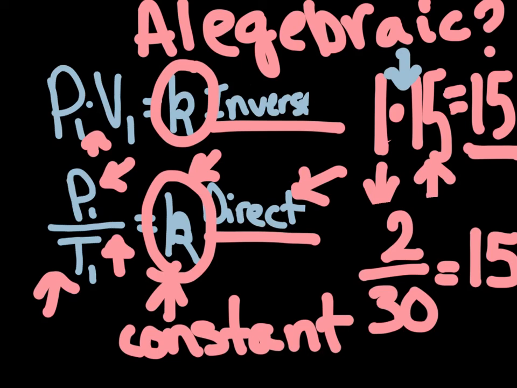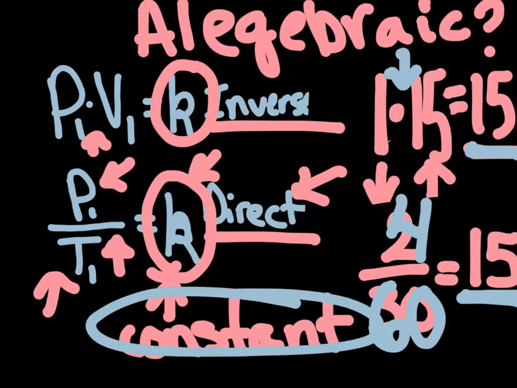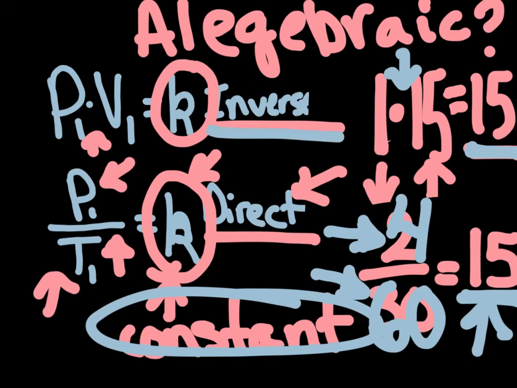Now, if I increase this number to 60, I must also increase this number to 4 in order for my constant to stay the same. So the constant is what stays the same, and any change is dictated to both variables based on their relationship. Inverse, multiply. Direct, divide.